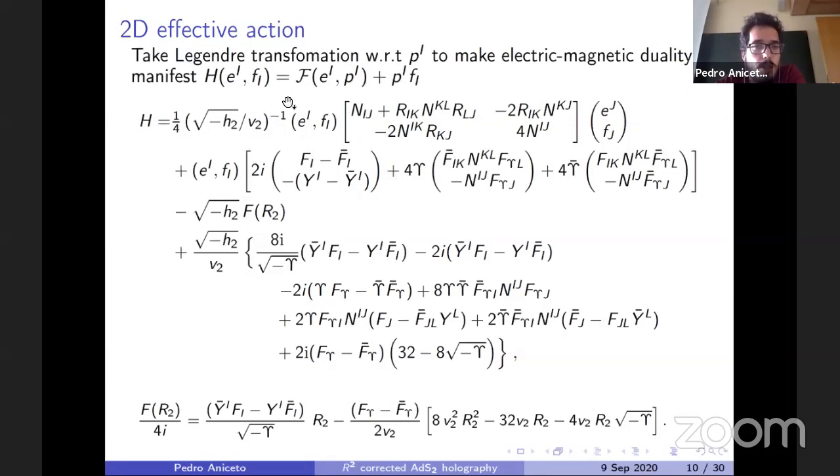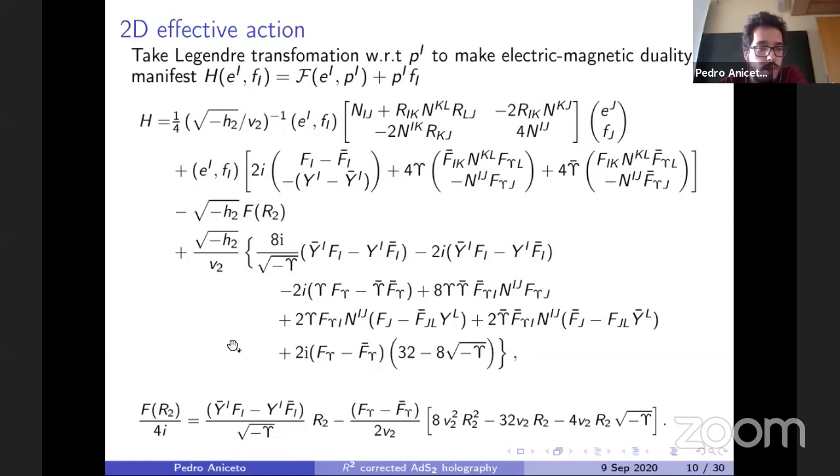Here, the things you should retain are that we have a term that is quadratic in the electric and magnetic field, a term that is linear in the electric and magnetic field, a very bad notation where we use f of r, which has nothing to do with the holomorphic function f. Whenever I say f of r, I mean a polynomial in R that is given by this expression here. And when I say holomorphic function f or function f, I mean the holomorphic function always. And yeah, some terms that depend on the scalar fields only.